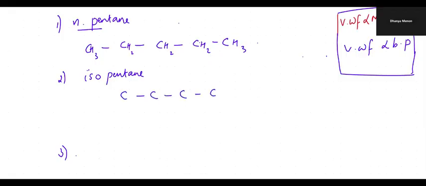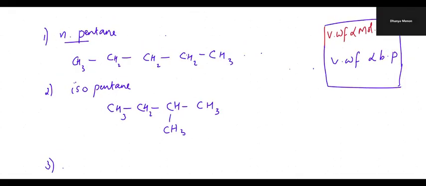So there is branching over here. If you look at the formula for normal pentane, it is C5H12. For isopentane also, the formula is the same, only the arrangement is different. The formula is the same, only the structure is different.